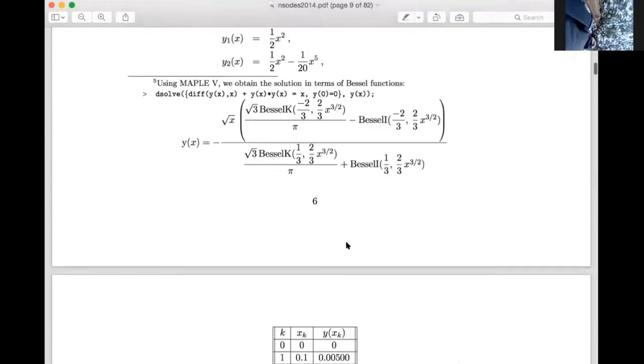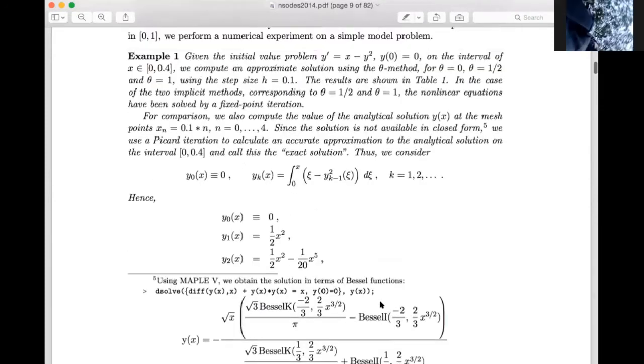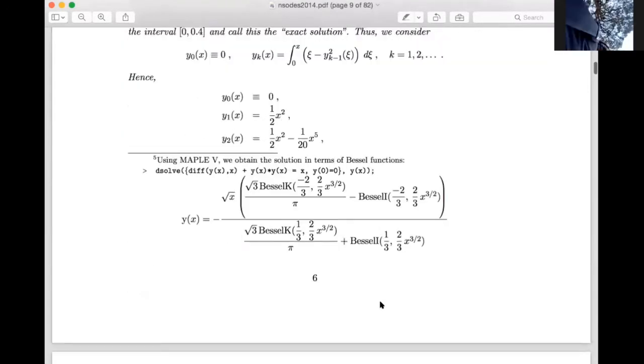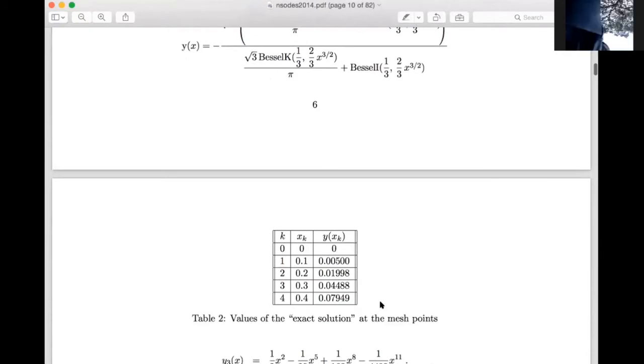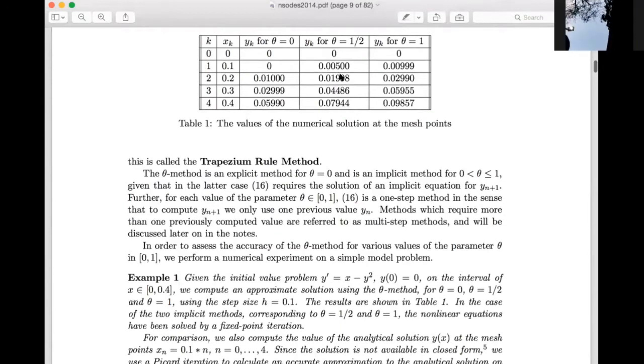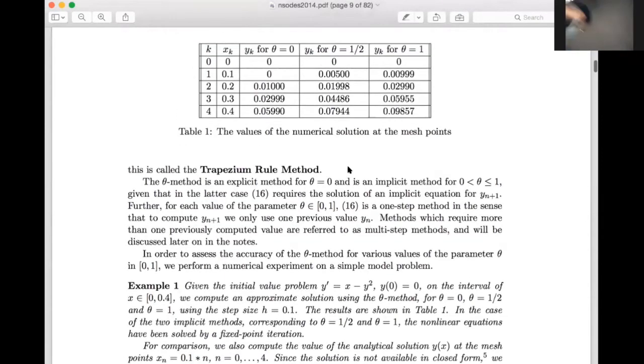Am I right? For the same h we have calculated at 0.1, we are getting almost the same value in the trapezoidal, and at 0.2 also 1998. Yeah, so we are getting very close values. These are very close to the exact root.